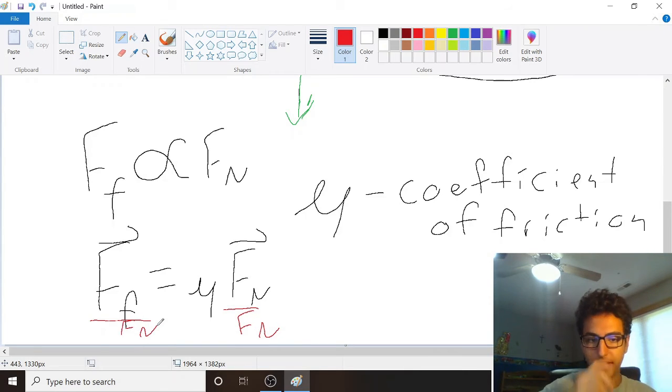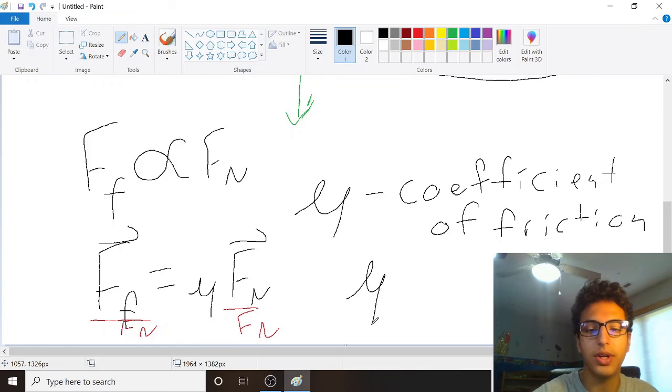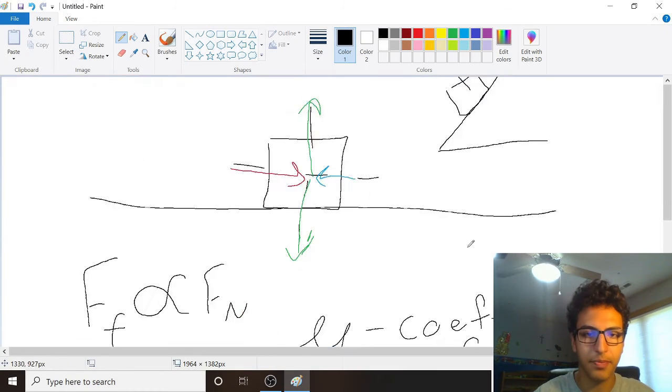And we can look at units. If we look at units, we see this is newtons divided by newtons, or units of force divided by units of force. So we know that mu has no units, or it's dimensionless. Okay, so mu is dimensionless.